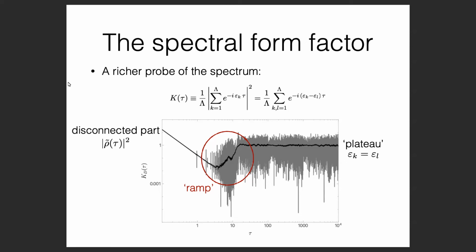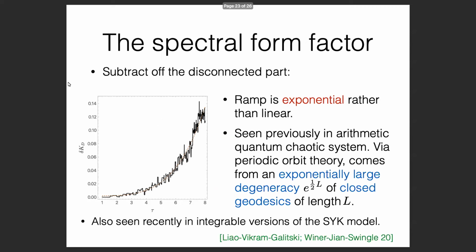The early times are just the Fourier transform of this density of states, also not interesting. The interesting bit is the so-called ramp in the middle. Unlike SYK and what you might have heard about in generic chaotic systems, you don't get a linear ramp, you get an exponential ramp. This is also indicative of some underlying conserved quantities.